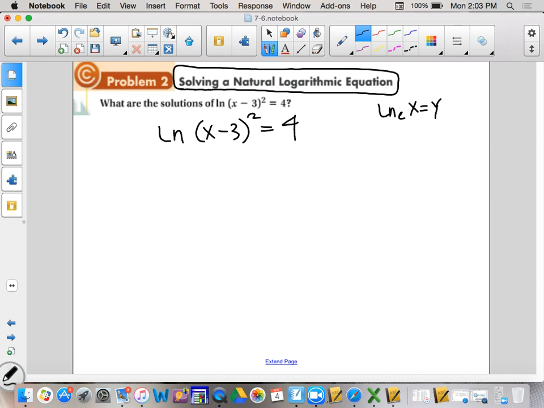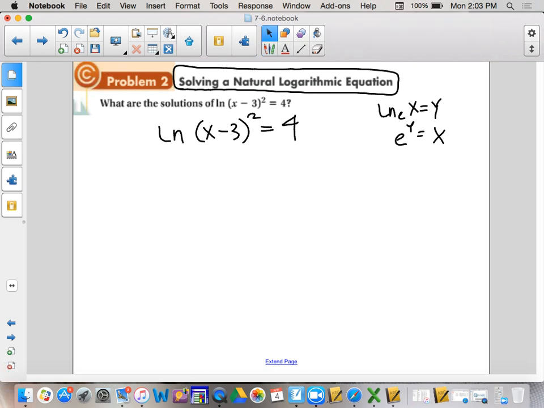If I were to take the inverse of this, what would it be? So I'm going to take this and put it in exponential form. I'm going to find the inverse of it. So I'm going to write my e right there, because if there's nothing there, I'm going to know there's going to be an e right there.